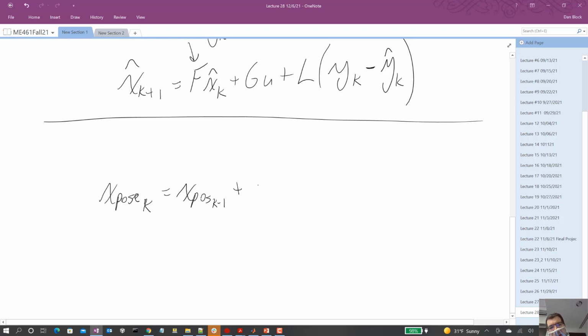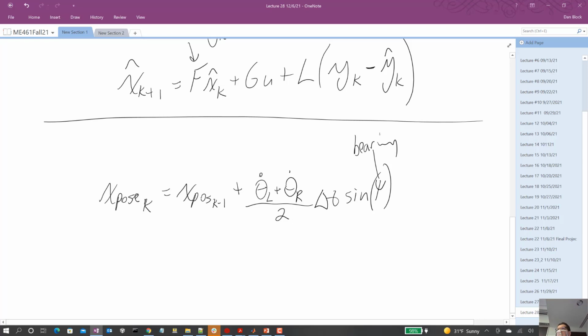We took our average wheel velocity, so theta dot left plus theta dot right divided by 2. We multiplied that by delta t to give our little step in velocity, and then we multiplied that by the sine of the bearing. Psi, I don't remember what we called the bearing, but whatever, bearing.